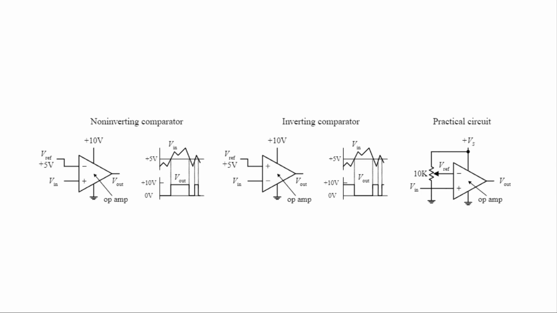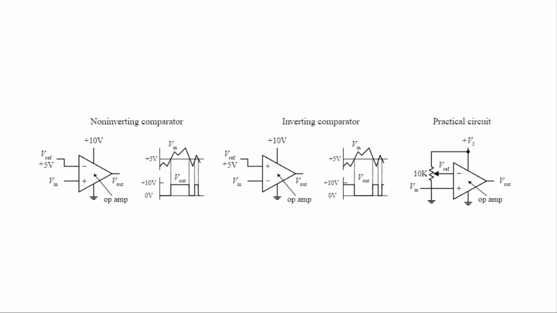However, unlike op-amps, comparators are not frequency compensated and therefore cannot be used as linear amplifiers. In fact, comparators never use negative feedback and often use positive feedback. With negative feedback using a comparator, its output characteristics would be unstable. Comparators are specifically designed for high-speed switching and have much larger slew rates and smaller propagation delays than op-amps.